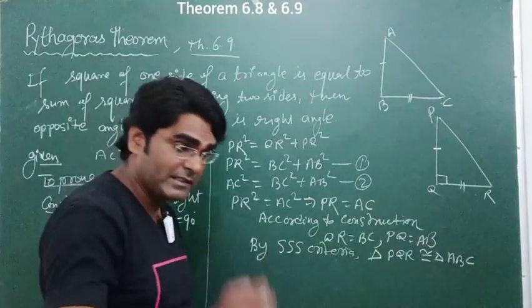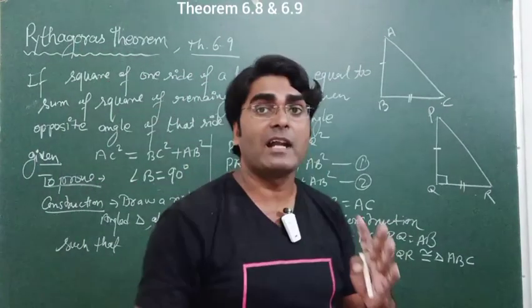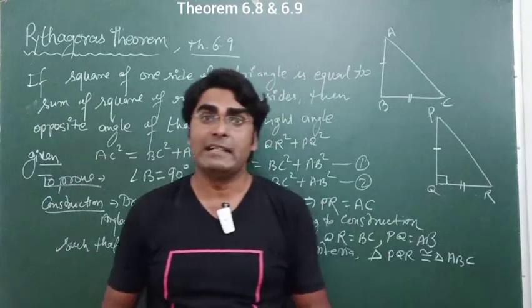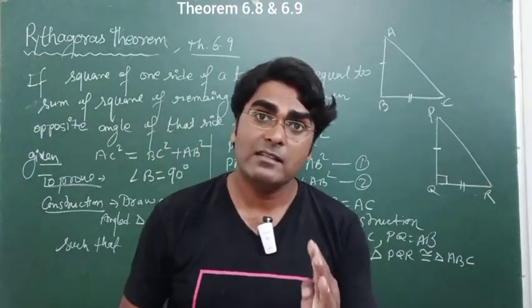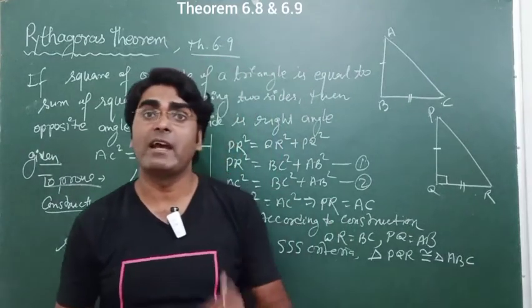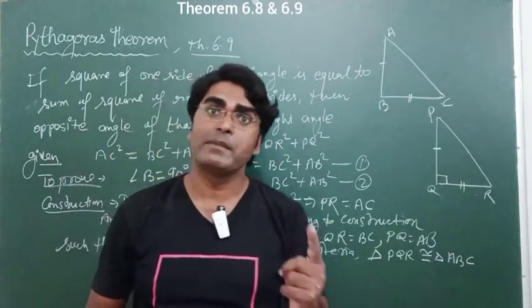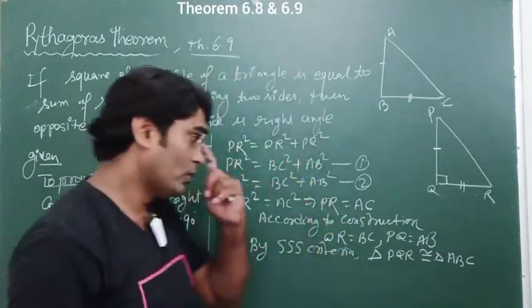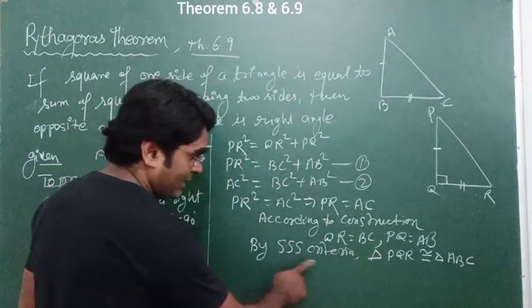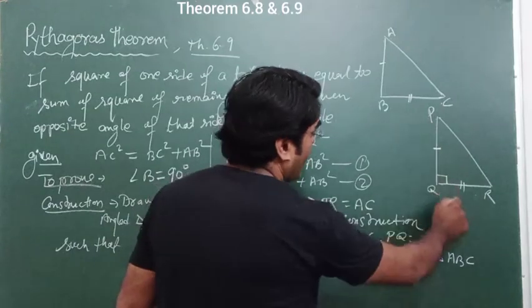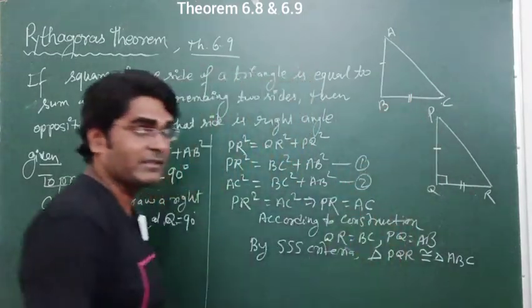So by CPCT, if two triangles are congruent, then the respective sides are equal as well as the respective angles. Clear? Because of the SSS criteria, triangle PQR is congruent to triangle ABC.